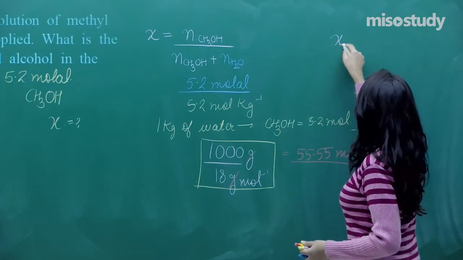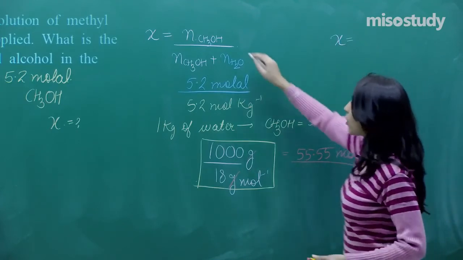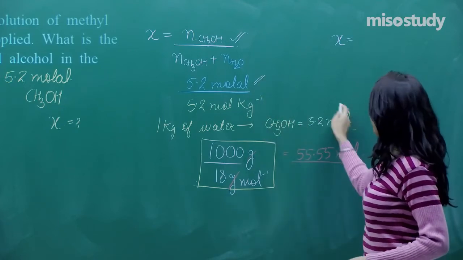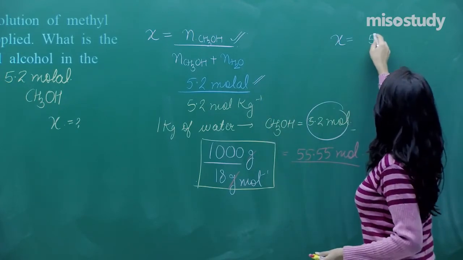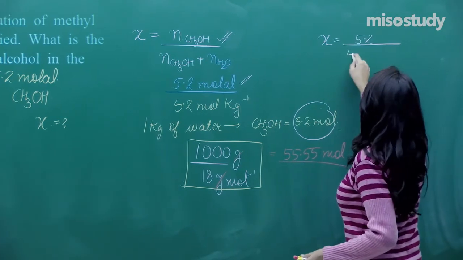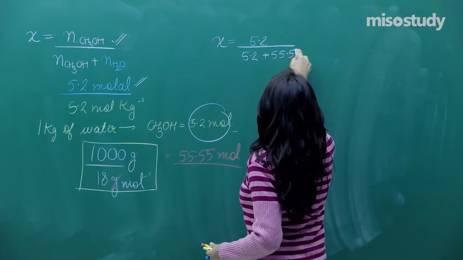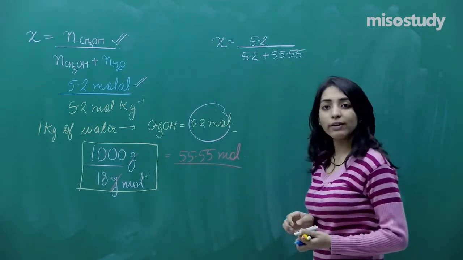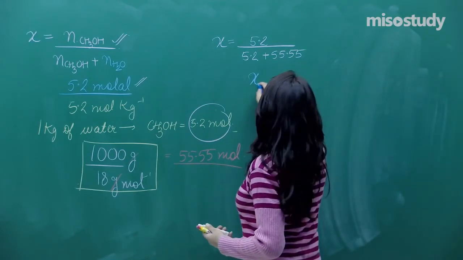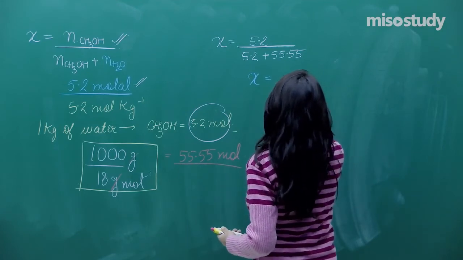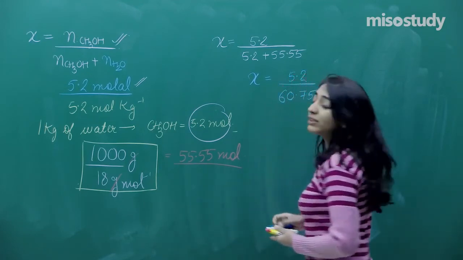So what should I be writing the mole fraction as? Number of moles of methanol, which is 5.2, right? To be divided by 5.2 plus 55.55. Okay. So the mole fraction can further be written as 5.2 divided by 60.75.